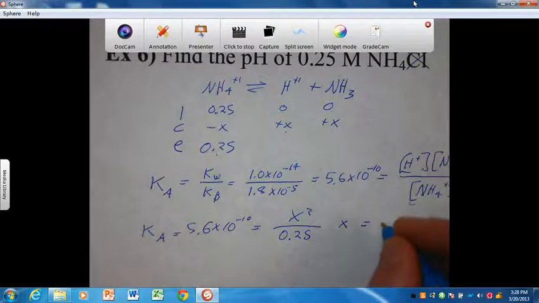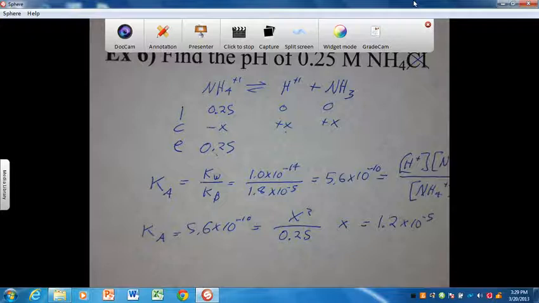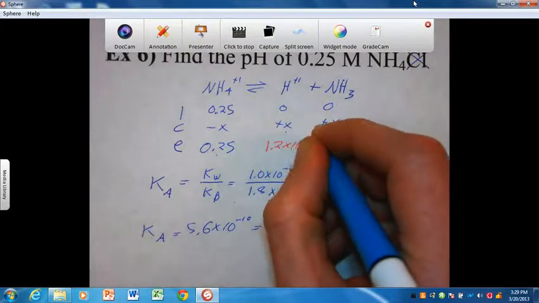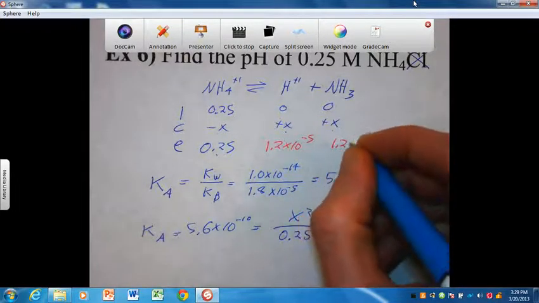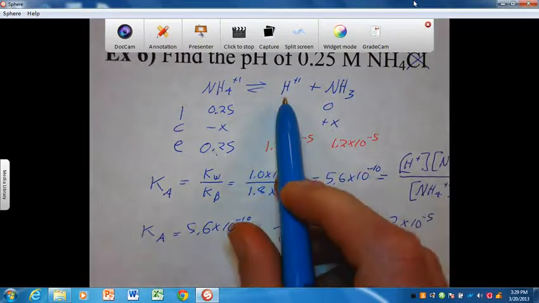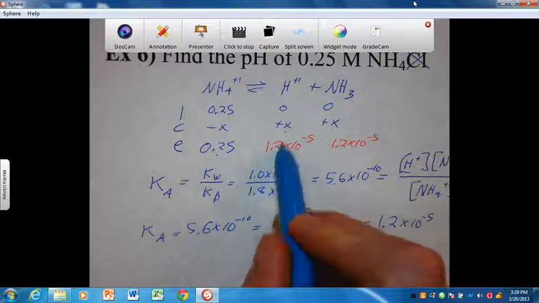And I determine x to be 1.2 times 10 to the minus 5. Now I'm going to write that in here for H and for NH3. But this is the one I care about, because this is hydrogen, and all I need to do is take the log of this number, and I have pH.